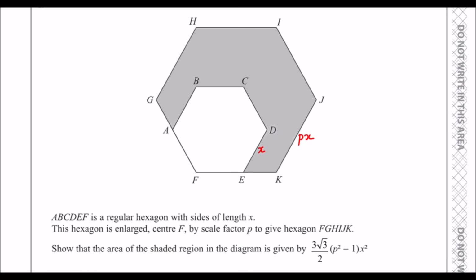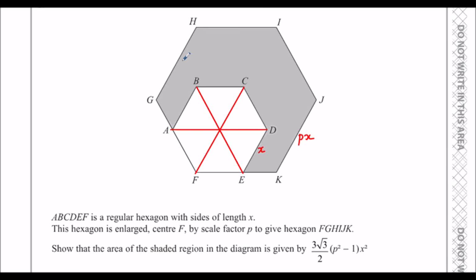So to find the area of a hexagon, we can split it into triangles. So if we draw a line connecting all the opposite corners, they're all a line of symmetry. They all split the hexagon exactly in half.